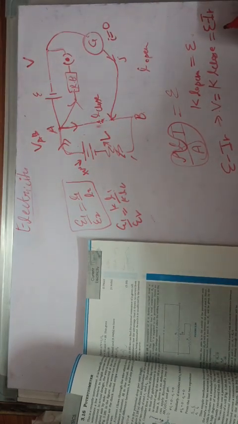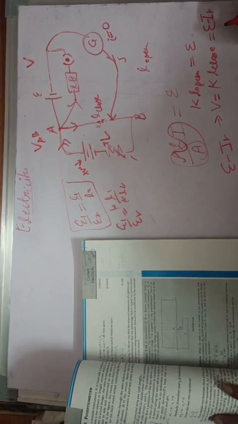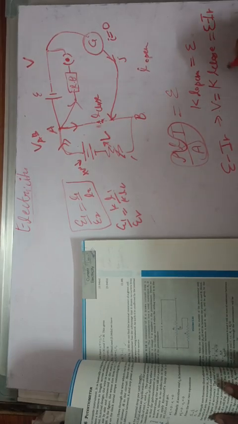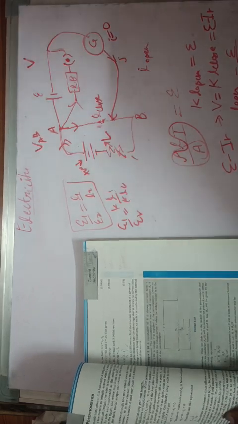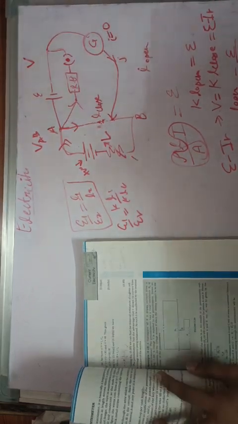so the ratio of these two is L open upon L close is equal to E upon E minus Ir. That is the ratio of these two.